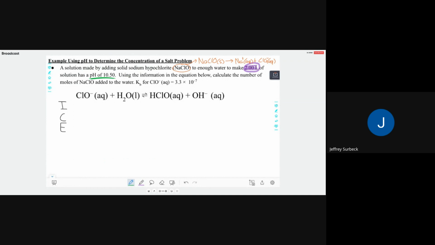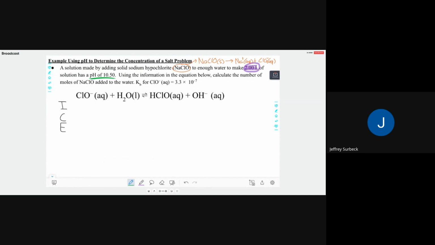Now, if we think about the pH formula, pH equals negative log of H3O+. In our equation, does anybody see H3O+? No.